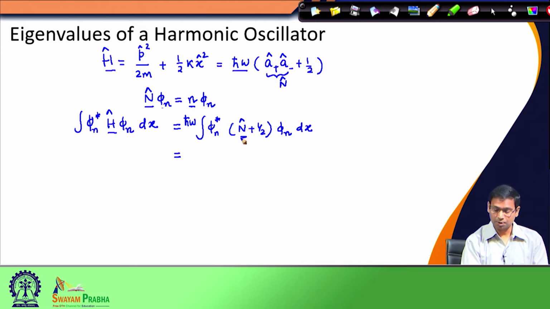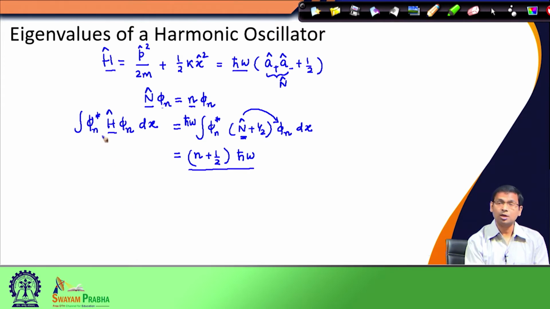So, when you see this operator n, when it acts on phi n, we have defined that this phi n is an eigenfunction of operator n. Therefore, the result of this exercise would give us n plus half times h bar omega. So, this is the expectation value of this Hamiltonian operator.